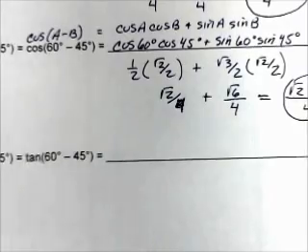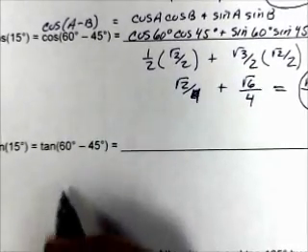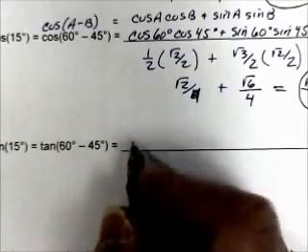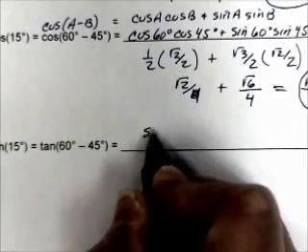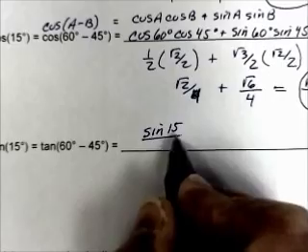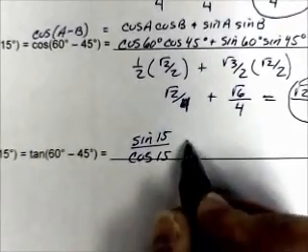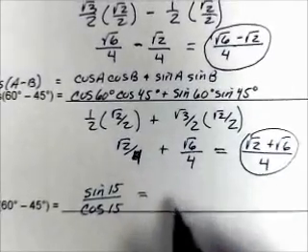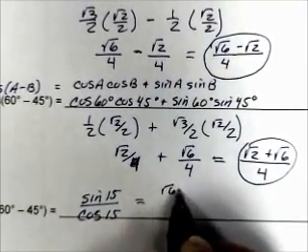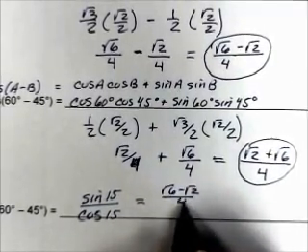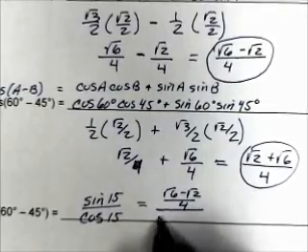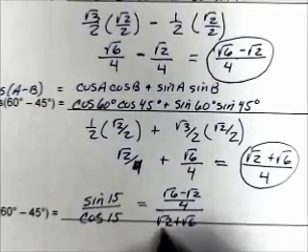Since we already have the sine of 15 and the cosine of 15, we could say that tangent is equal to sine over cosine. So it could equal sine of 15 divided by cosine 15. All right, so we take our two values from above, the square root of 6 minus the square root of 2 all over 4, divided by the square root of 2 plus the square root of 6 all over 4.